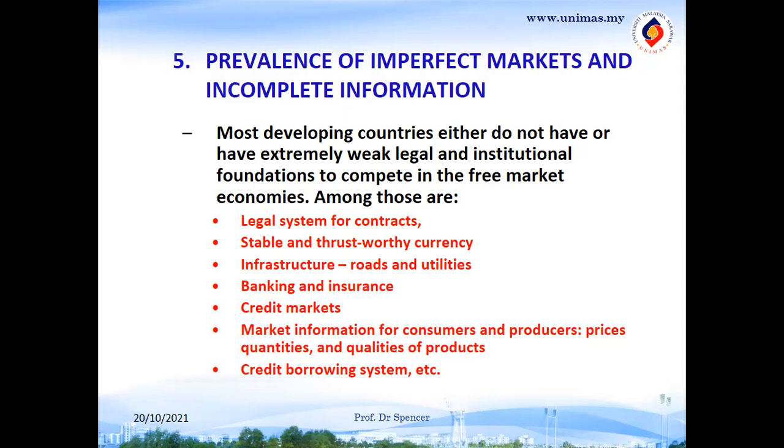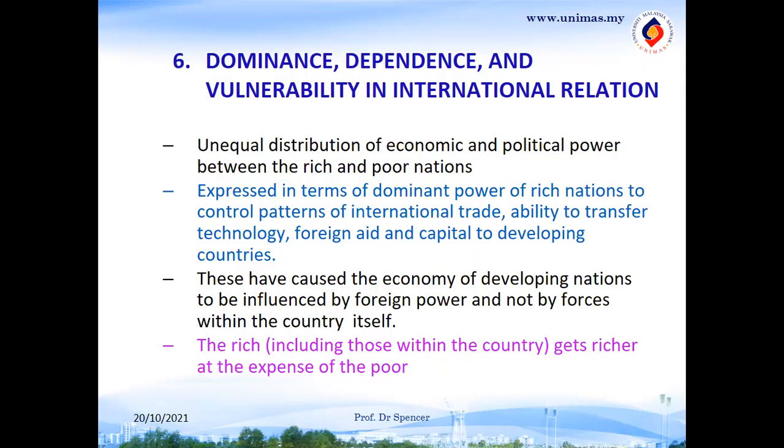And also credit borrowing system sometimes difficult to assess or lack of it. Okay, so these are the berkaitan dengan imperfect markets and incomplete information for a country to compete in the free market economies.